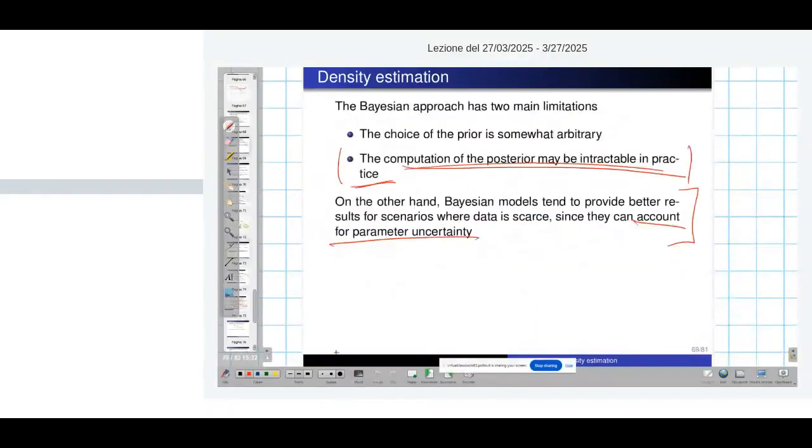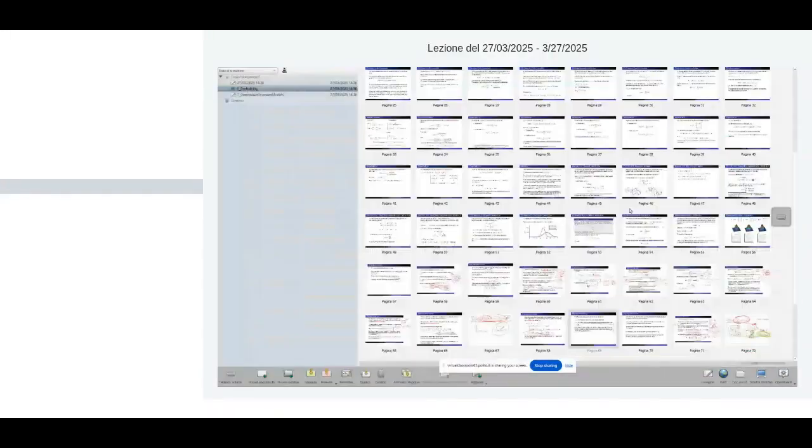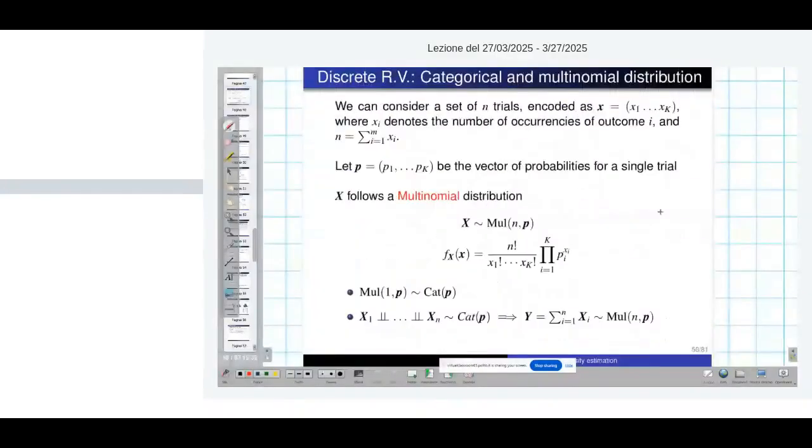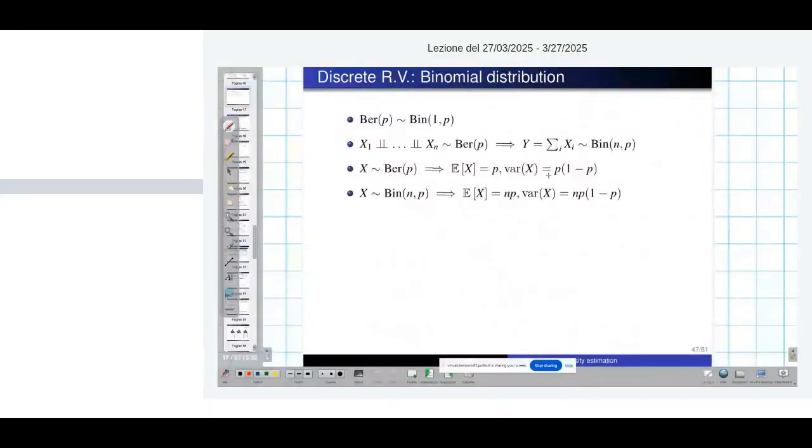For example, we have seen the Bernoulli. We've seen that for Bernoulli, the variance has this expression. So we could apply it to the Bernoulli distribution as well. We will compute the empirical variance of the data, and we will equate it to the variance of the distribution, and then solve for p.